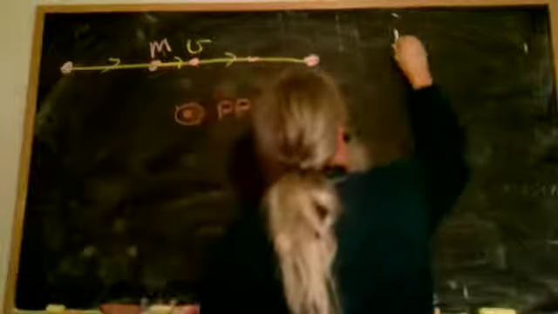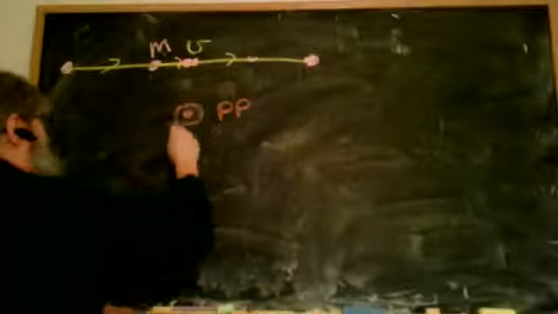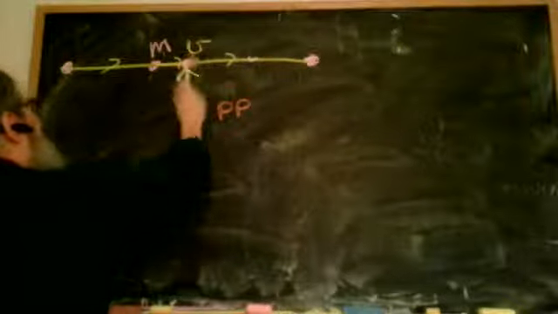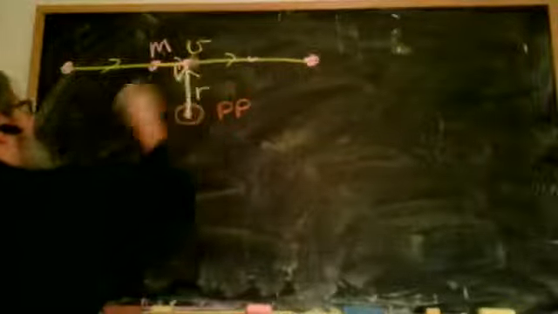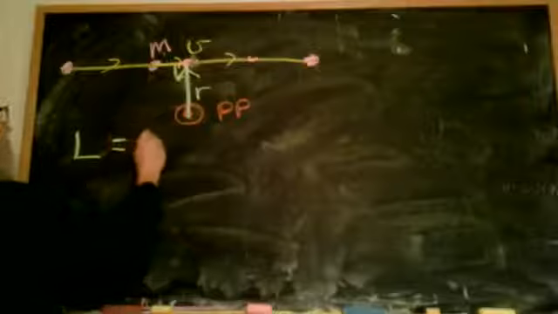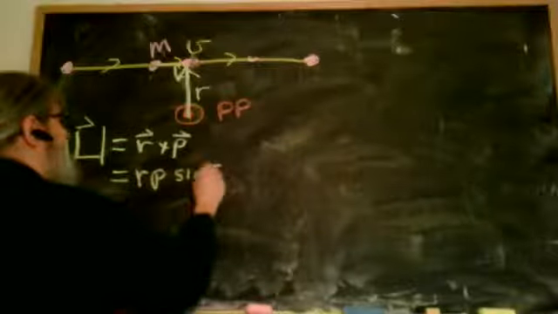Well, here, I'll draw it over here. What's the key idea? If I look at the instant when the particle makes a perfectly straight line between this location and this location, so that at that particular instant, r is perpendicular, then L at that instant, which is r cross p, has magnitude r times p times sine of the angle.